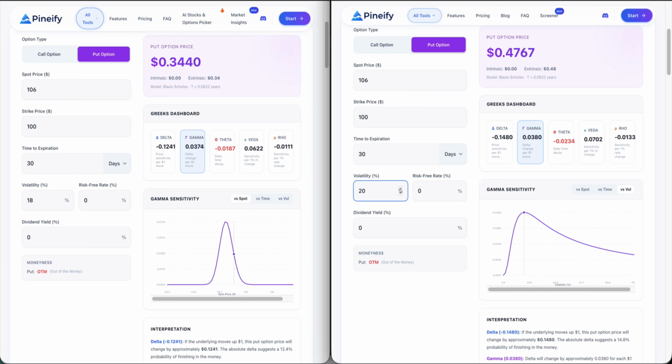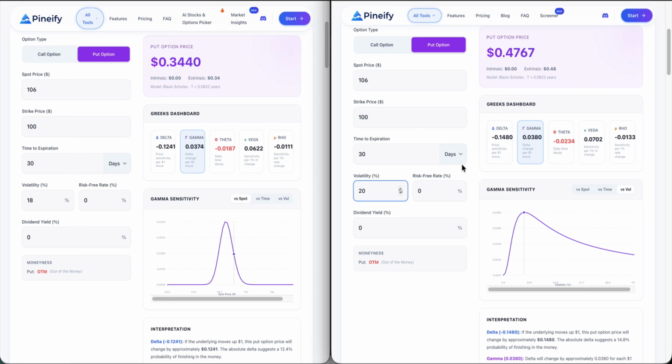And so if you sold this put while the volatility was very high, around 100%, like I said, and the IV comes down but stalls at around 20%, what's going to happen is that your gamma becomes much higher.